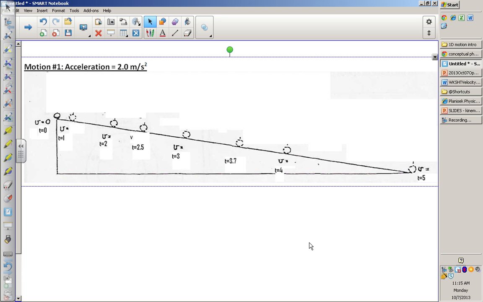Meaning, if at 2 seconds it was at 4 meters per second, and then 3 seconds it's going to be at 6, halfway it's going to have to be 5. Because for every second, the velocity has to increase by 2. And if it's a constant rate of increase, half the time means half the increase.